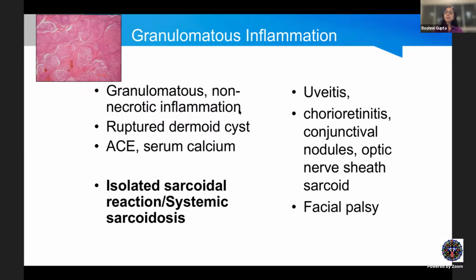A typical sarcoidal inflammation around the eye may additionally have uveitis, chorioretinitis, conjunctival nodules. There may be optic nerve sheath sarcoid, and there may be facial palsy. Facial palsy is one condition which is associated with sarcoid, but not with any of the other inflammatory orbital diseases.